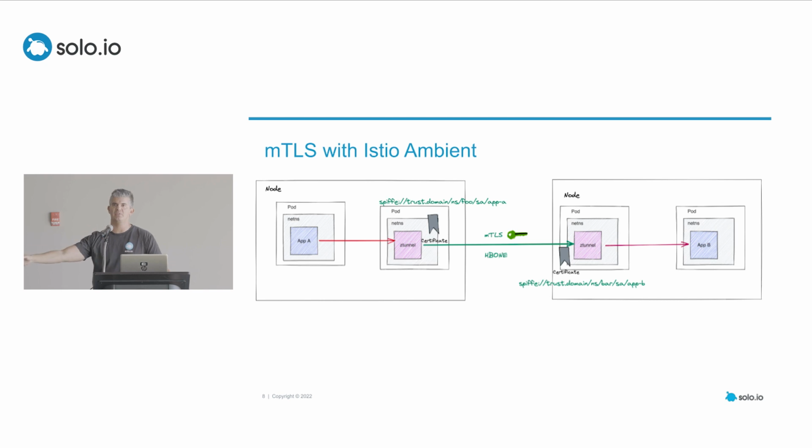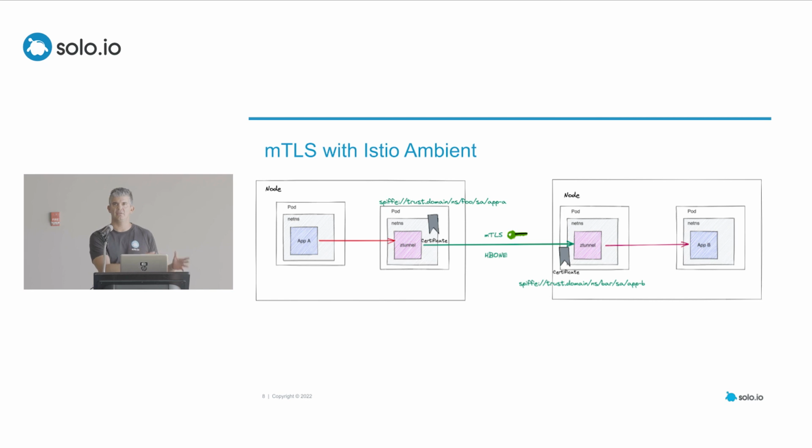So if service A wants to talk to B, the Z-tunnel will look up where service B might be and the endpoints that make up service B. When it tries to talk to one of those endpoints, it talks to the Z-tunnel living on the node where service B is deployed. It opens a mutual TLS connection and presents a certificate that says, hey, I'm service A. On the destination side, we expect it to respond, hey, I'm service B, and now the mutual TLS connection can be established.